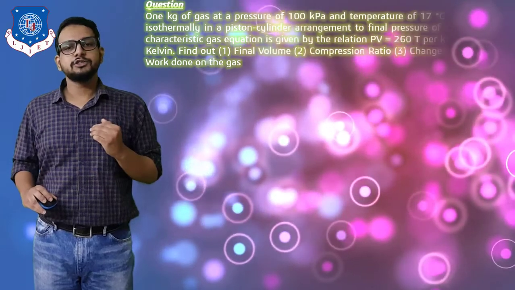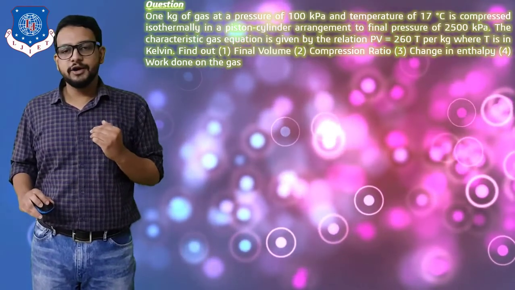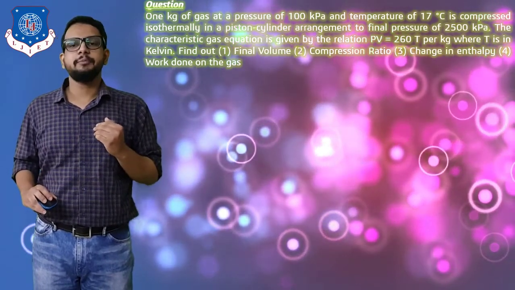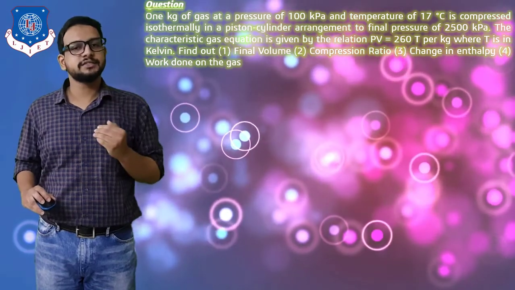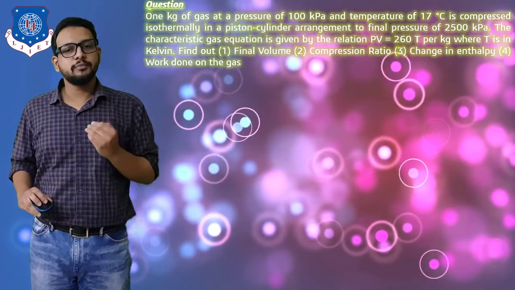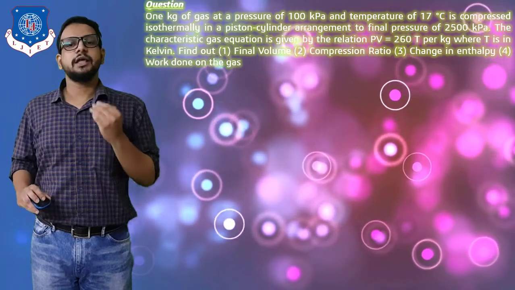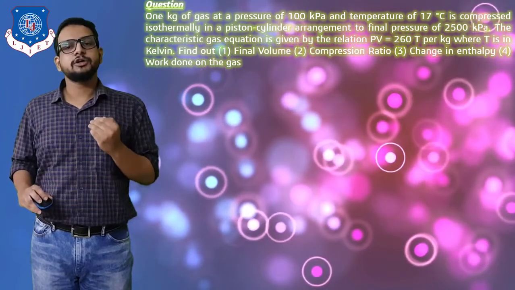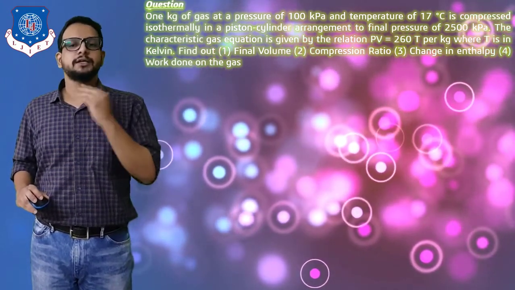Now as you can see on your screen, a question is displayed. 1 kg of gas at a pressure of 100 kilopascal and temperature of 17 degrees Celsius is compressed isothermally in a piston cylinder arrangement to a final pressure of 2500 kilopascal.